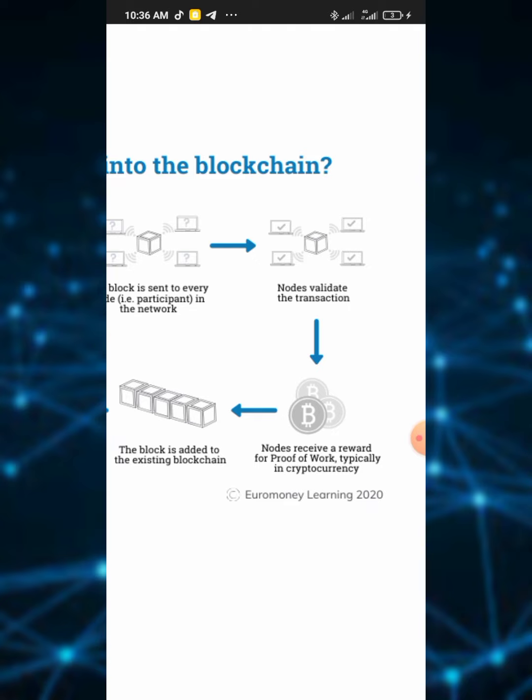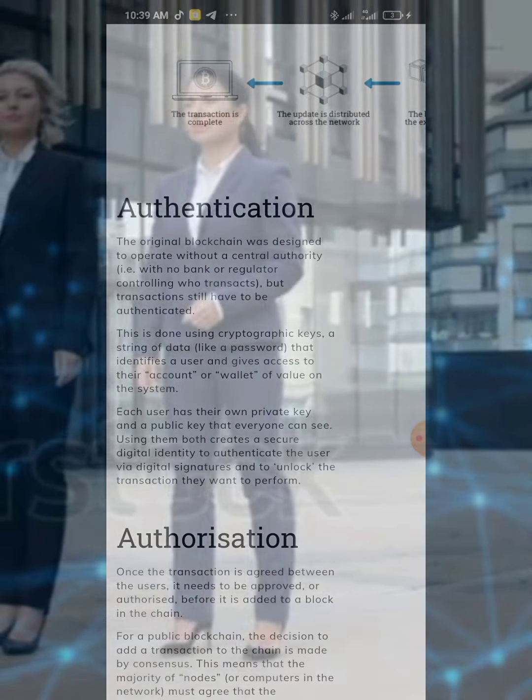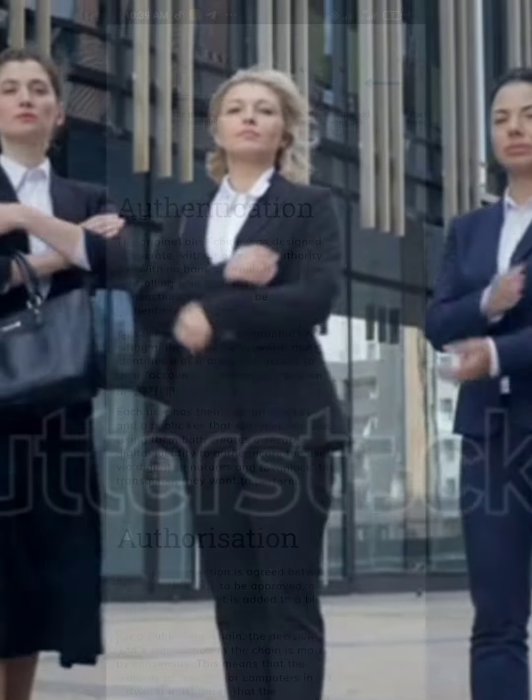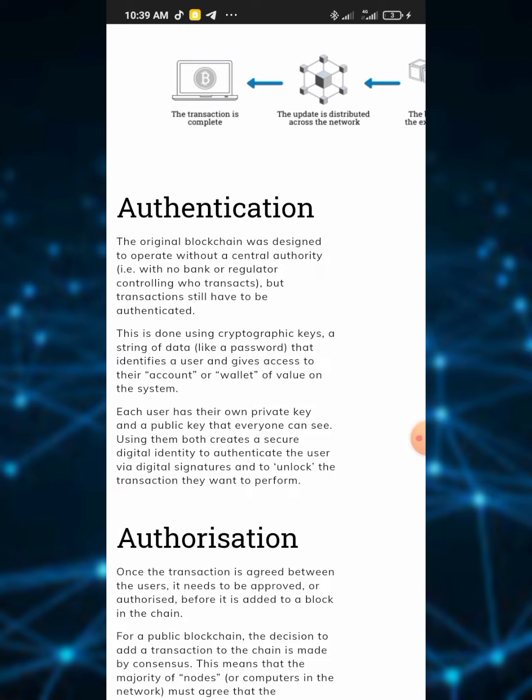This is typically in cryptocurrency. So the whole idea of blockchain is for information to operate without a central authority. Okay, so there is no central body that controls the movement of transactions and the movement of information within the blockchain space.